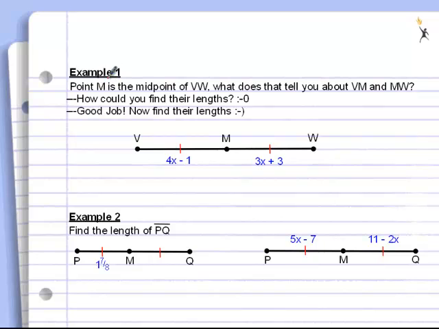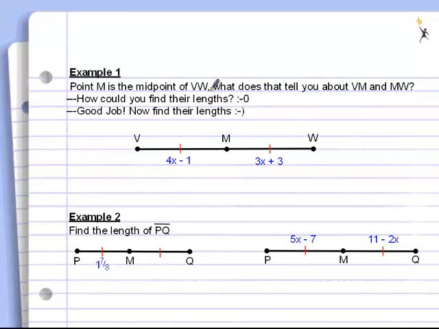In example 1, point M is the midpoint of VW. What does that tell you about VM and MW? Because M is halfway in between V and W, what does that make point M? Well, it makes M the midpoint.